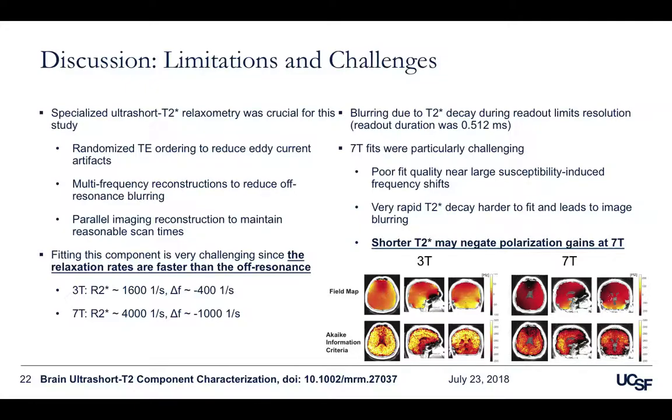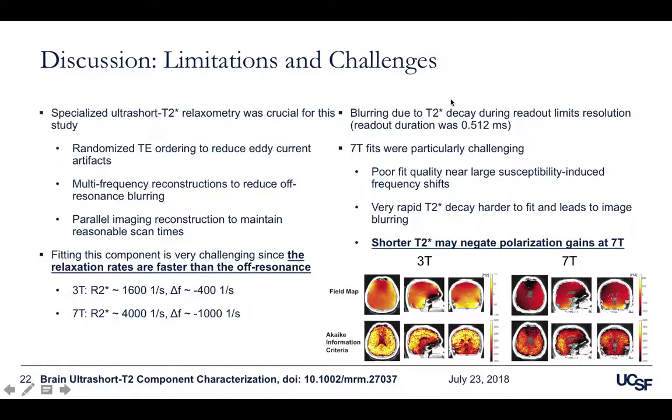Overall, the fitting is challenging because relaxation rates are quite a bit faster than the rate at which off-resonance is accumulating. So there's almost not enough time to visualize the off-resonance with such a high relaxation rate, but I think we've shown that definitively in this study.